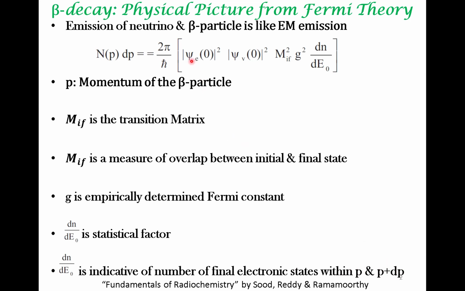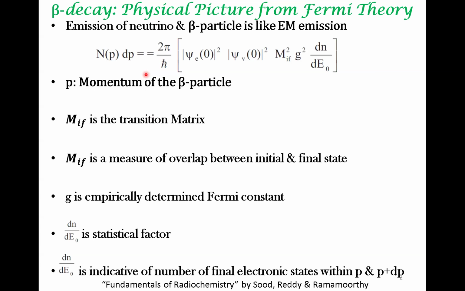So in a way, the initial state is the electron and antineutrino in the nucleus. Zero refers to the position of the nucleus. And the final state is the electron, which has a distribution of momentum, and this electron is outside the nucleus.